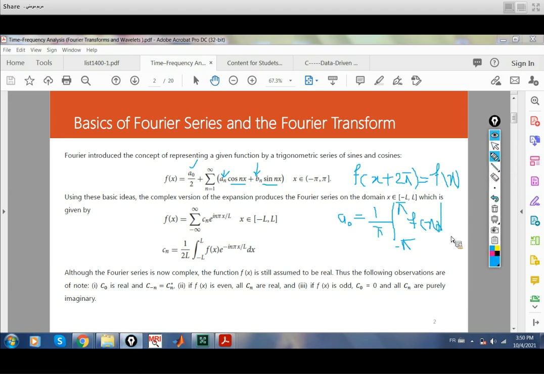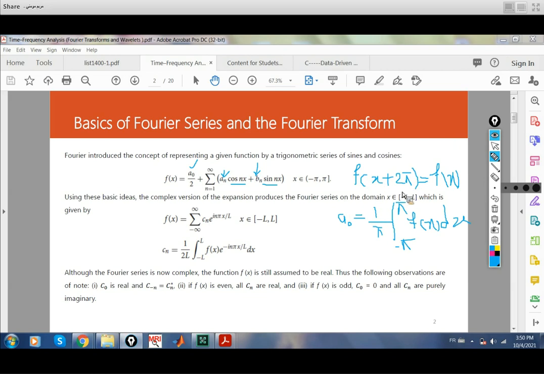Okay. And then after that, we said that not all periodic functions have period 2π. Maybe the period duration was 2L.